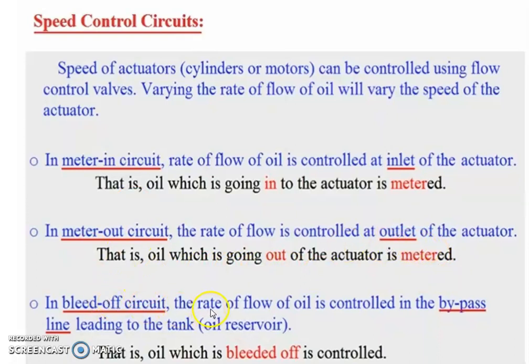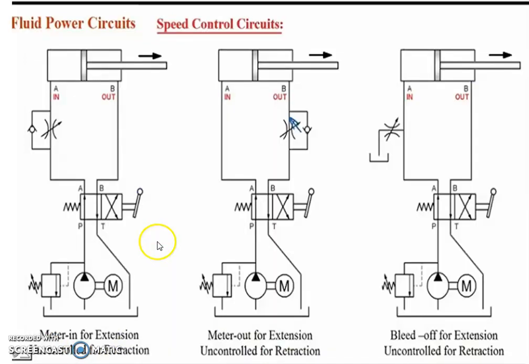In bleed off circuit, the rate of flow of oil is controlled in the bypass line leading to the tank, oil reservoir. That is, oil which is bled off is controlled. So this is the difference between meter in, meter out, bleed off circuit. Okay, thank you.